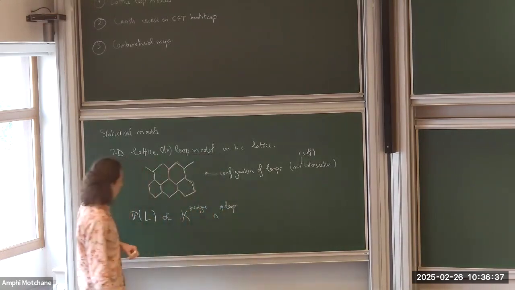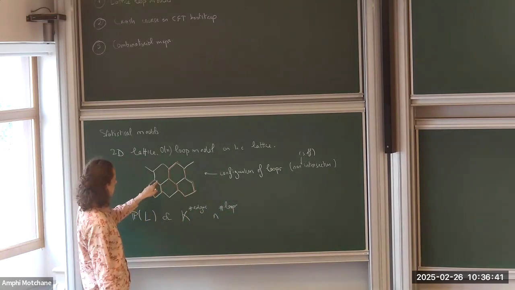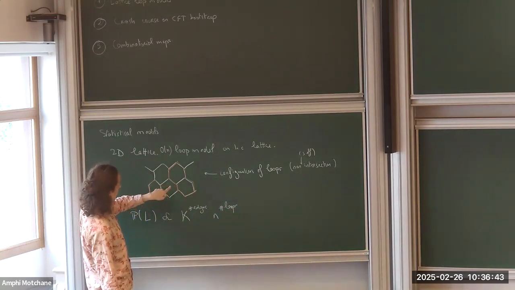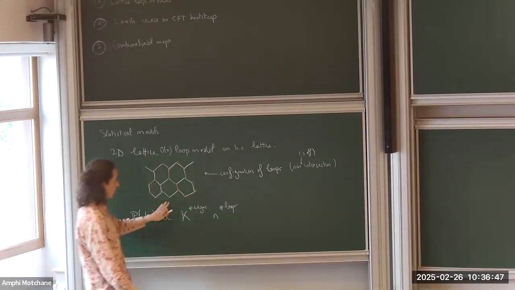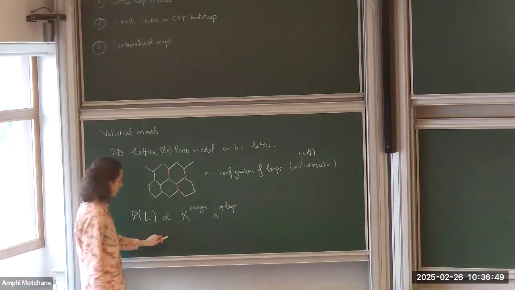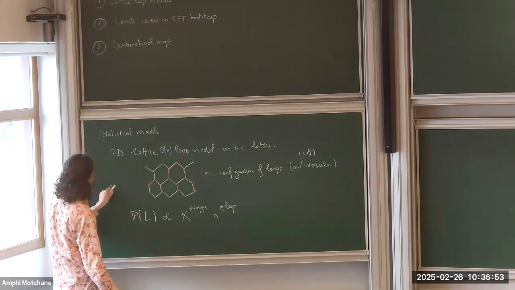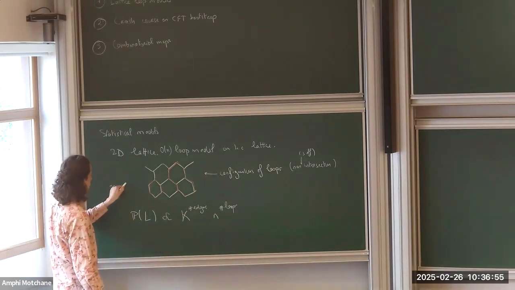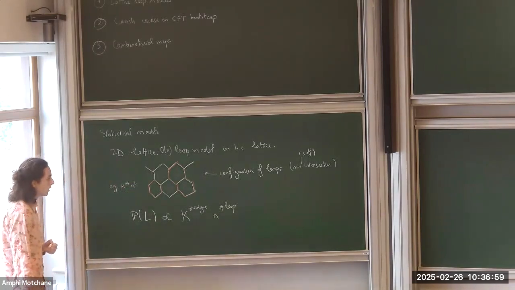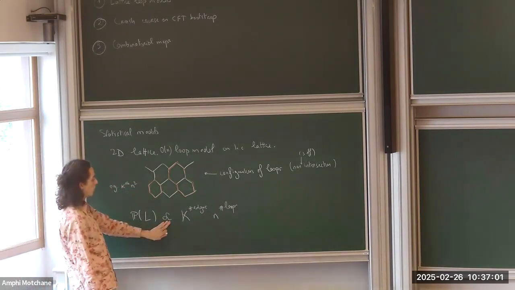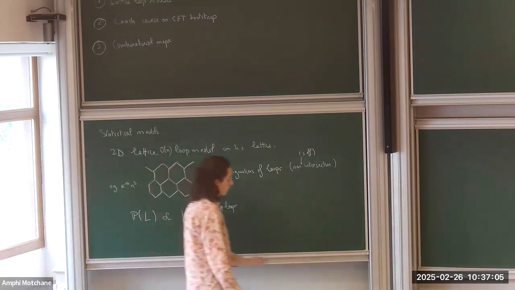In the particular configuration I draw here, there are 2 loops, and there are 6 plus 10, so 16 edges in this particular example. So this has weight K to the 16, N squared. And I say proportional because, for this to be a probability, you need to have a proper normalization.